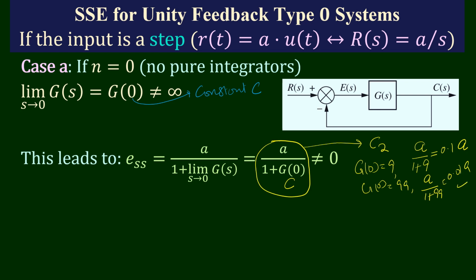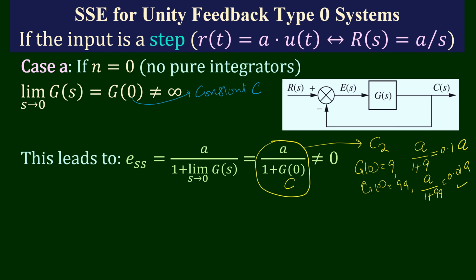So as the gain of the open loop transfer function is increasing, the steady state error is decreasing. But remember that in some cases, whenever the gain of the open loop transfer function is increasing, the closed loop may become oscillatory, or in some cases even unstable.